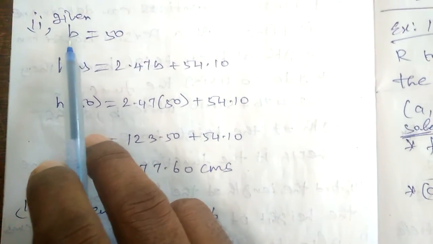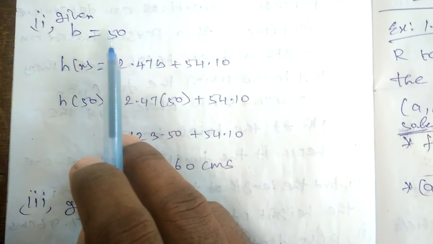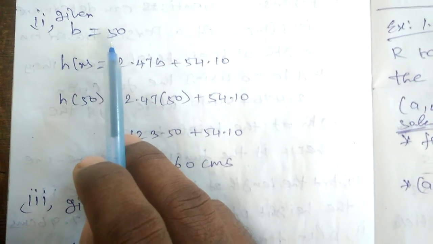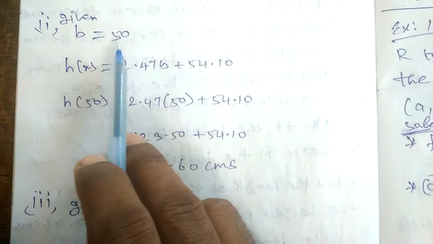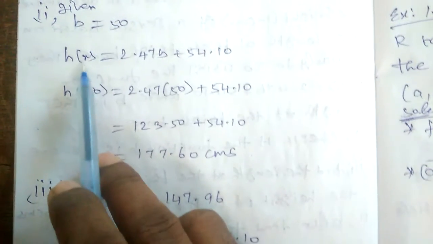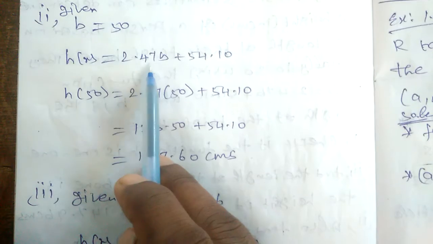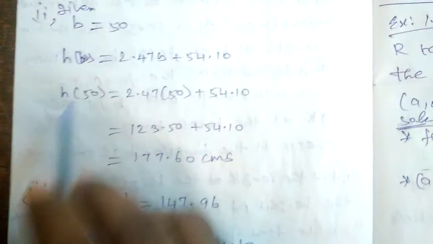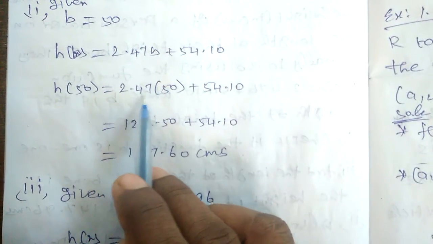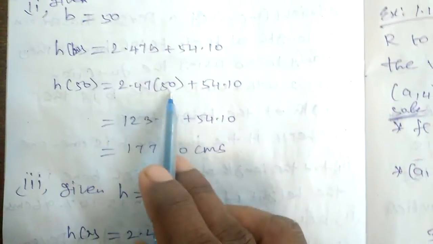The second question: they are given the thigh bone length and they want the height of the person. They are given b is equal to 50 centimeters, and h of b is equal to 2.47b plus 54.10. h of 50 is equal to 2.47 into 50 plus 54.10.